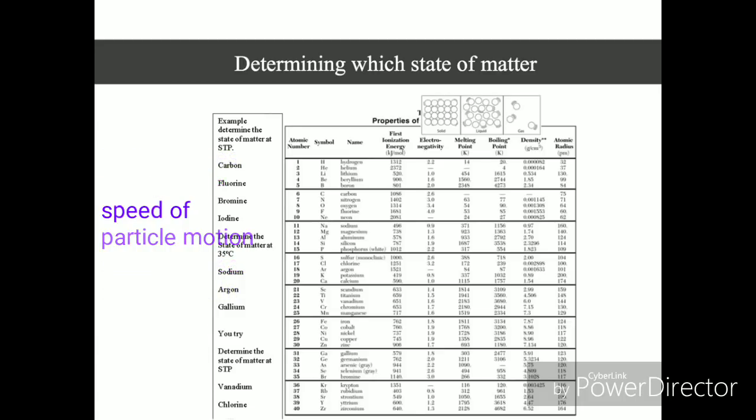To determine the state of matter of any given substance at a given temperature, you simply have to make a number line evaluating its melting point and boiling point and see where the desired temperature falls. If your given temperature falls before the melting point, your object will be a solid, as it hasn't melted yet.